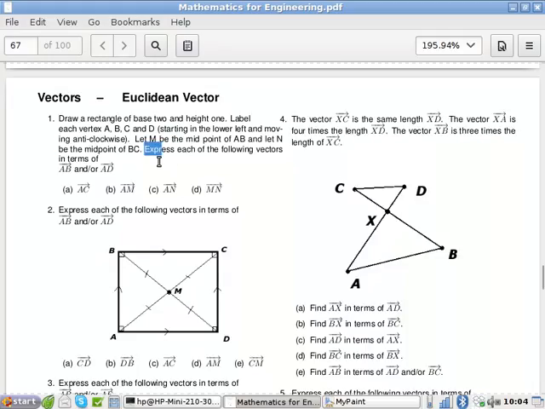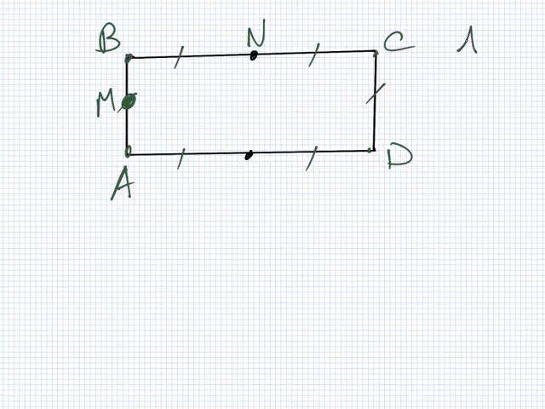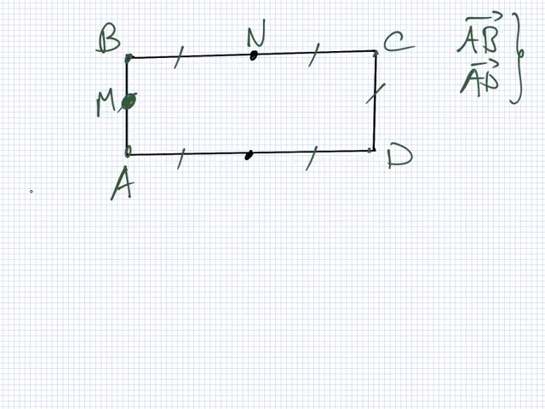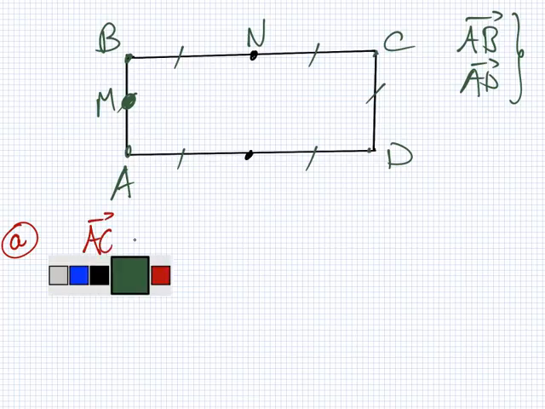Express each of the following in terms of AB and AD. So, AB and AD. I want to write all my vectors in terms of these two. So I'll give one as an example. AC is the first one. And we want to write AC using only these two vectors, AB and AD.